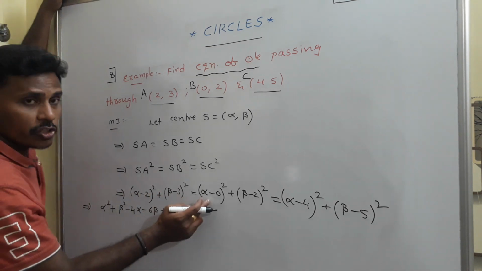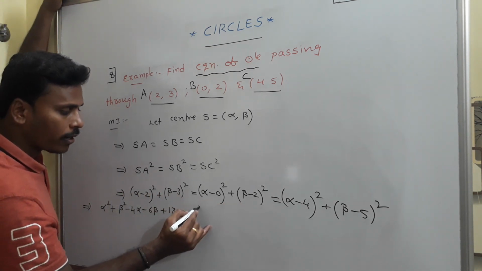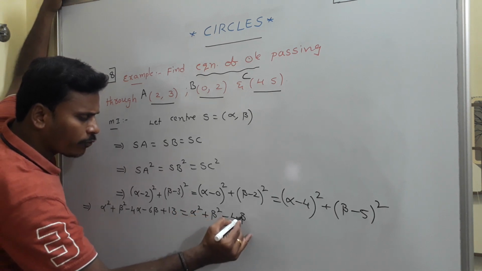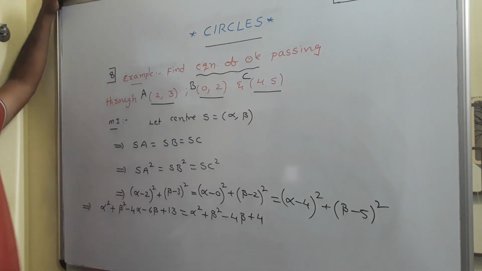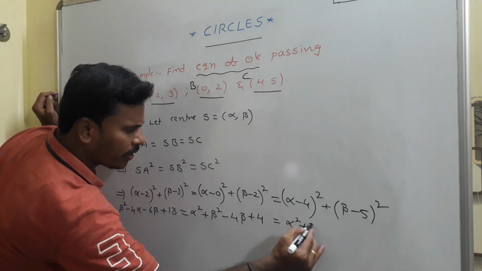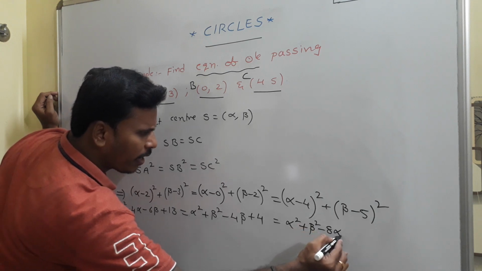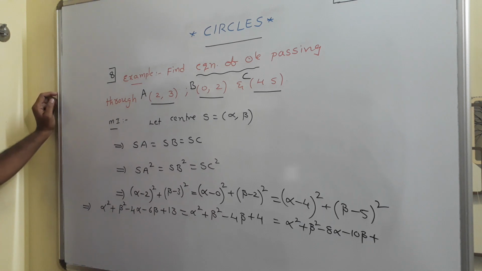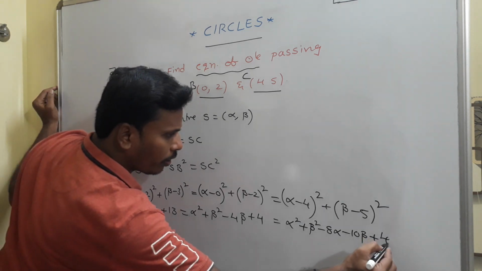And now (alpha minus 0) whole square plus (beta minus 2) whole square is alpha square plus beta square minus 4 beta plus 4. And this one is alpha square plus beta square minus 8 alpha minus 10 beta plus 25 plus 16, which is 41.